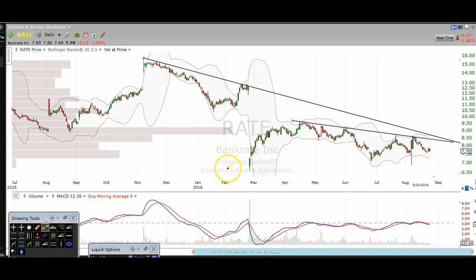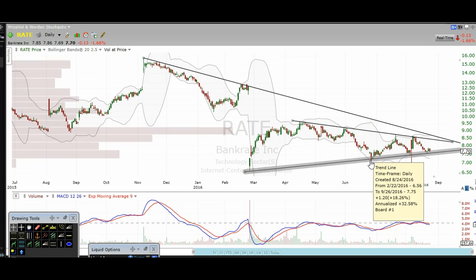And then another thing I'm seeing is an uptrend line right here. So we've got a triangle right here. Here's the top of the triangle, here's the bottom of the triangle.